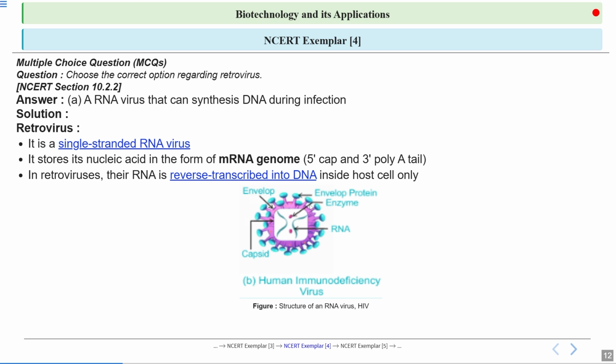Then there is the enzyme, there is the envelope, and on this envelope there are some envelope proteins. So now we know what a retrovirus is and how it works. It is an RNA virus, meaning it has a genome of single stranded RNA, but during infection it is reverse transcribed into DNA, and this can only happen when it is inside the host cell.